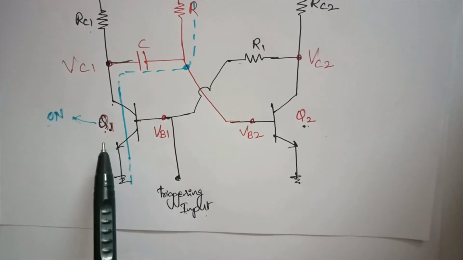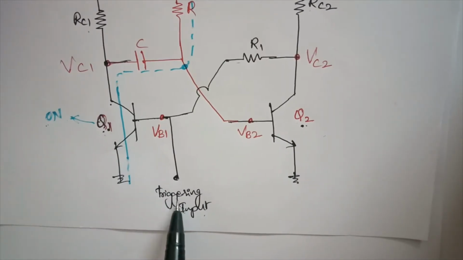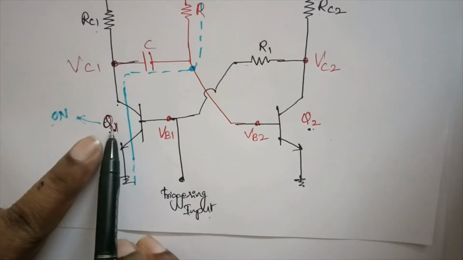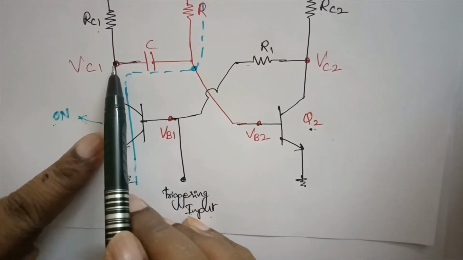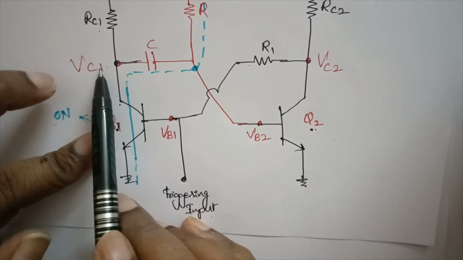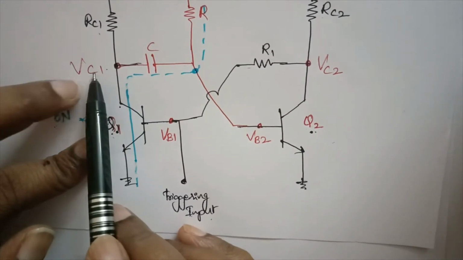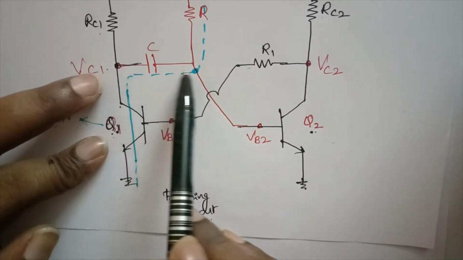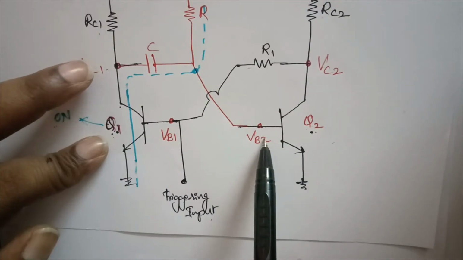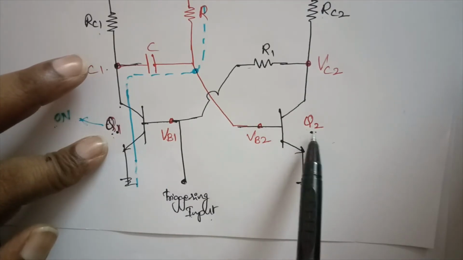Initially I assume that Q1 is on because of the triggering input. When Q1 is on, we are getting VC1 as VCE sat, that means it is 0.2 volts. So VB2 is 0.2 volts, so obviously Q2 is off.